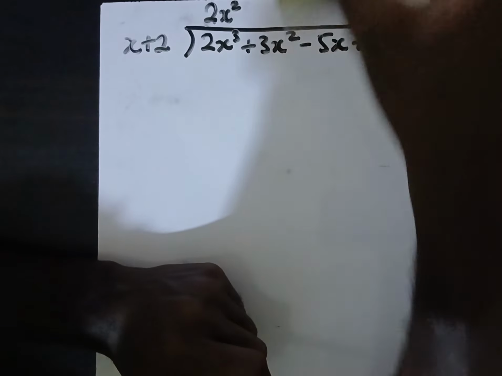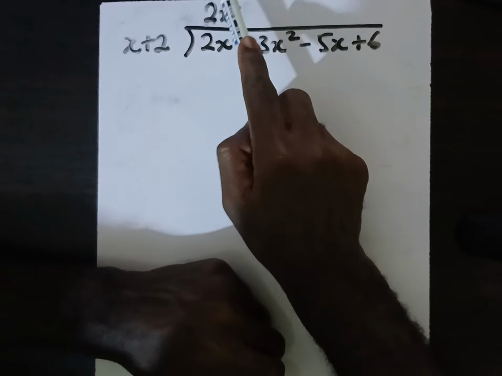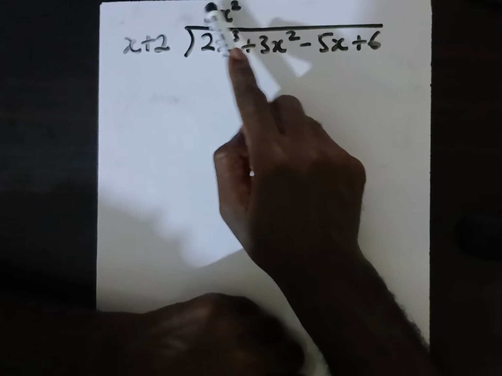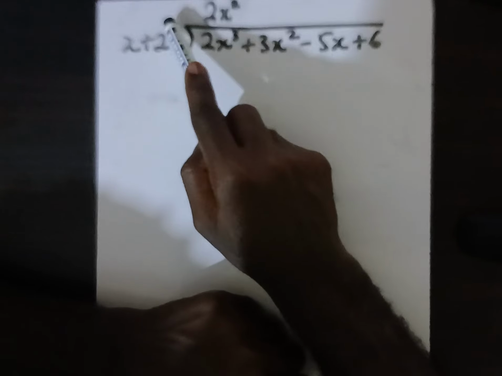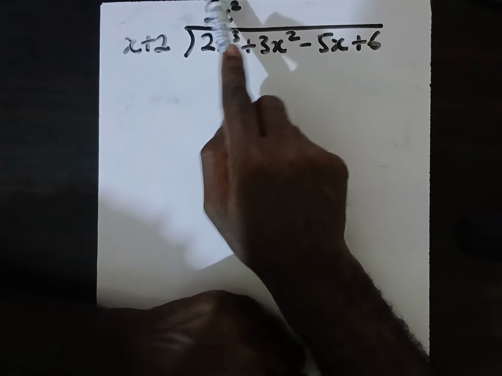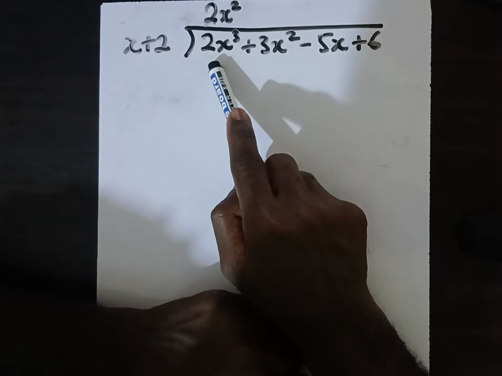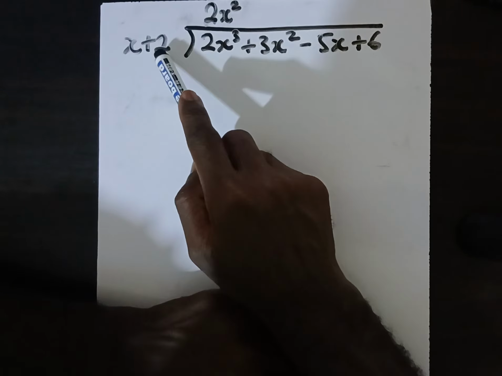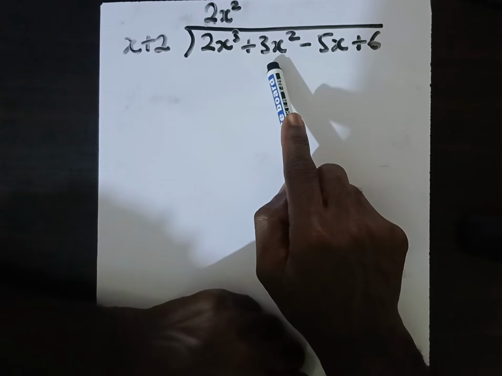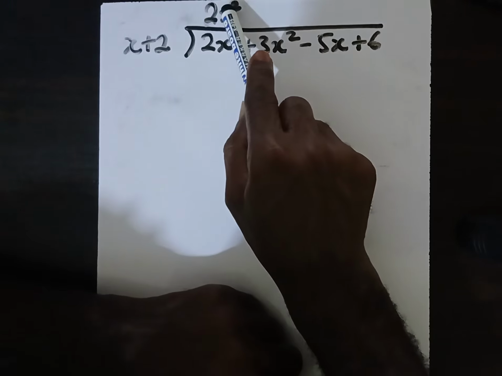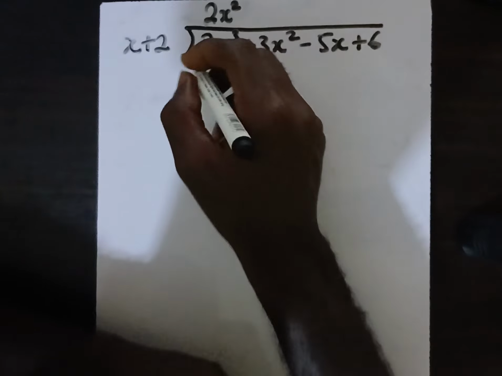Now, once you've gotten this 2x squared, you're going to use it to multiply each of the terms of the denominator. So you use 2x squared to multiply x, then you write it under the first term. Then 2x squared multiplied by 2, you write it under the 3x squared as well. So 2x squared times x is going to give you 2x cubed.